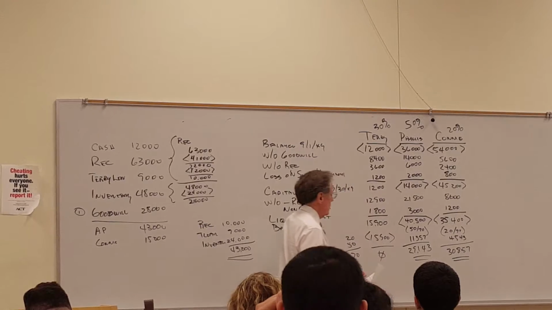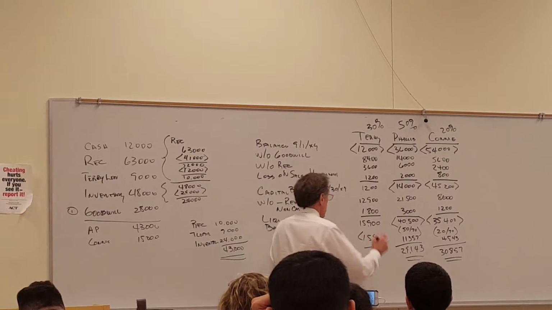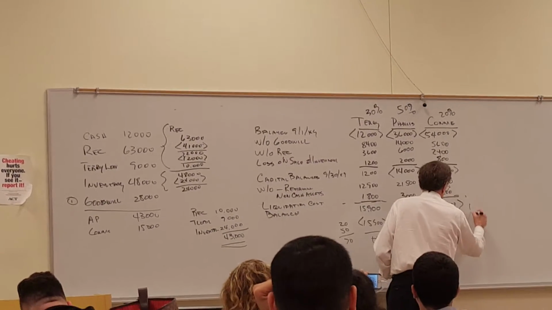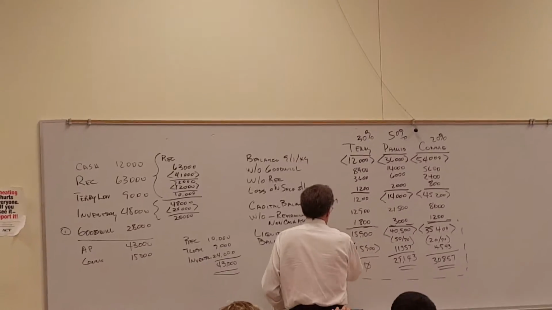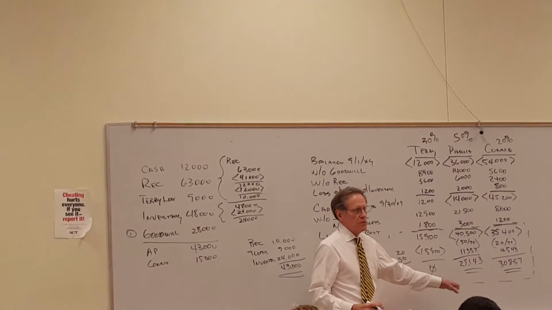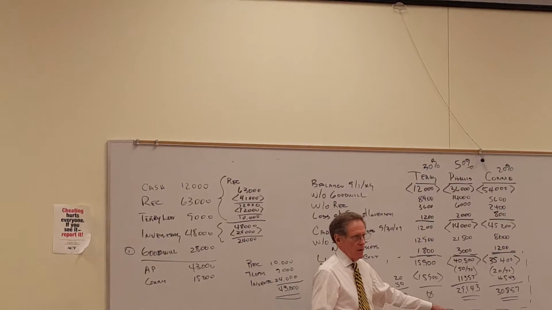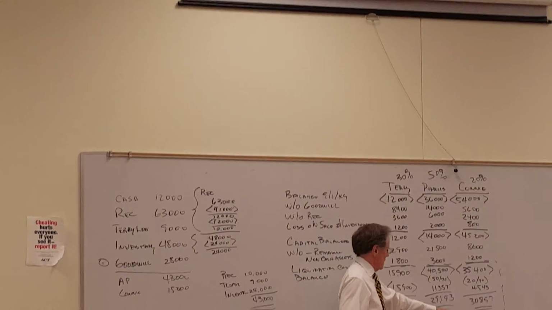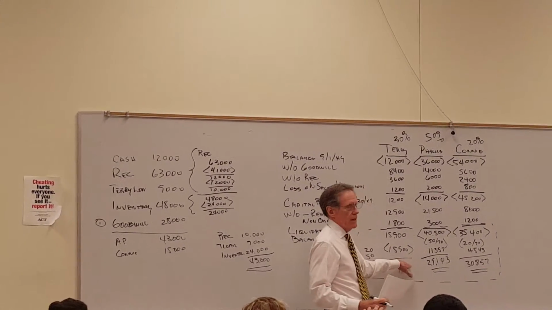So if this were the situation, you've got to really just kind of look at this. We would have cash payments to two of the partners and none to the third.